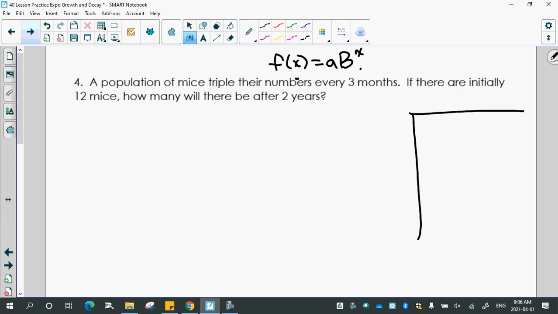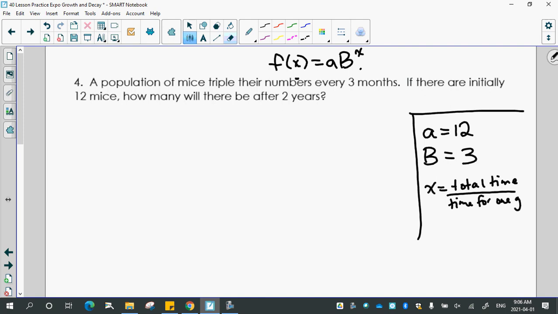A is what? 12. We start off with 12 mice. Good. B is 3. Why is it 3? We're tripling the number of mice. And then x is the total time divided by the time for one growth period.